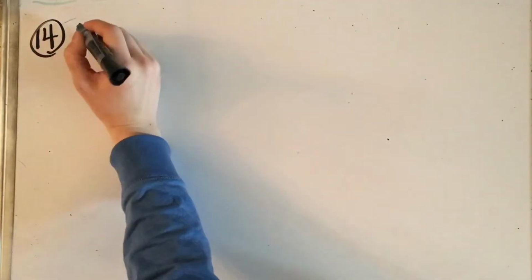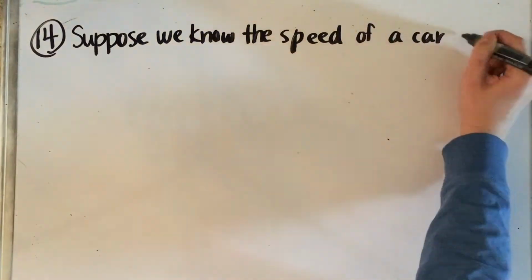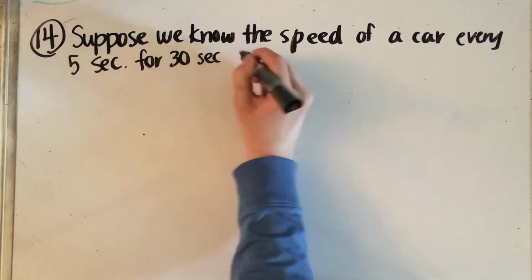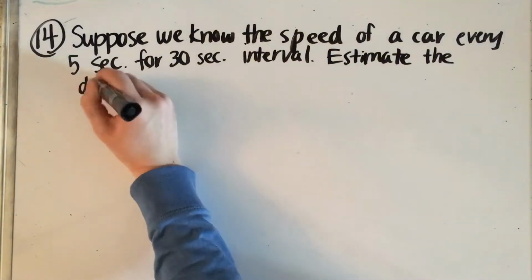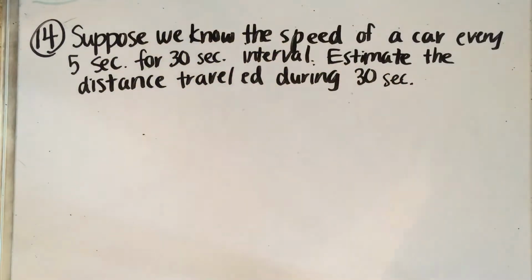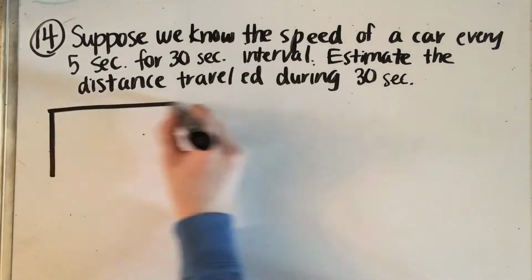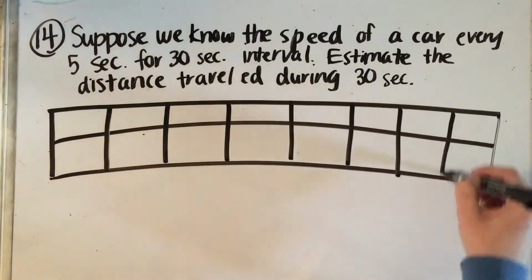Let's look at example 14 together. Suppose we know the speed of a car every 5 seconds for a 30-second interval given by the table below. Using the data, estimate the distance traveled during 30 seconds. We will draw a table to help gather our information and visualize the trapezoids that we will be using more easily.